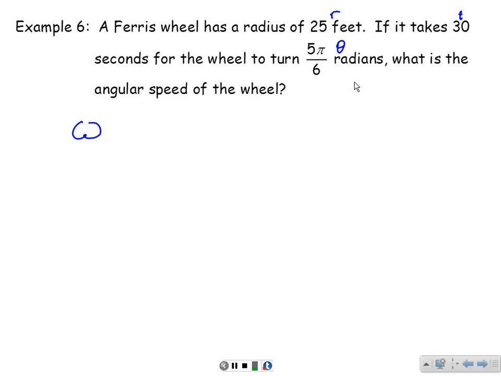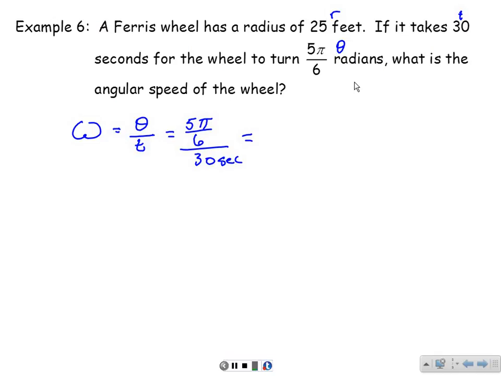And so we're looking for angular speed omega, and we know that omega is equal to theta over time. Well, we don't even need that radius there. So we can just use our theta, which is 5 pi over 6, divided by time, which is 30 seconds, and we know that omega is radians per second.